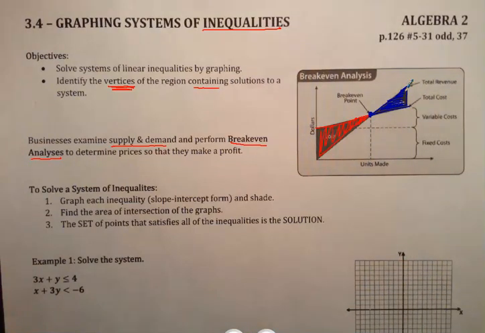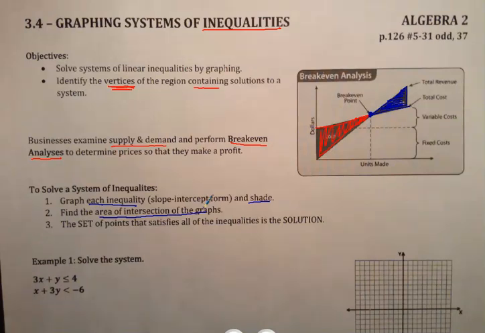To solve a system of inequalities, we're going to graph each inequality using slope-intercept form and shade. You could also probably use x and y intercepts if you wanted to. Then we're going to find the area of intersection of the graphs. You're going to want 2 or 3 different colored writing utensils.